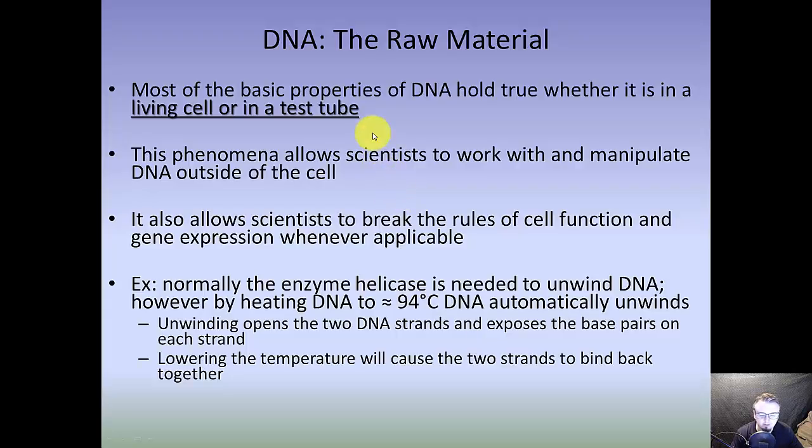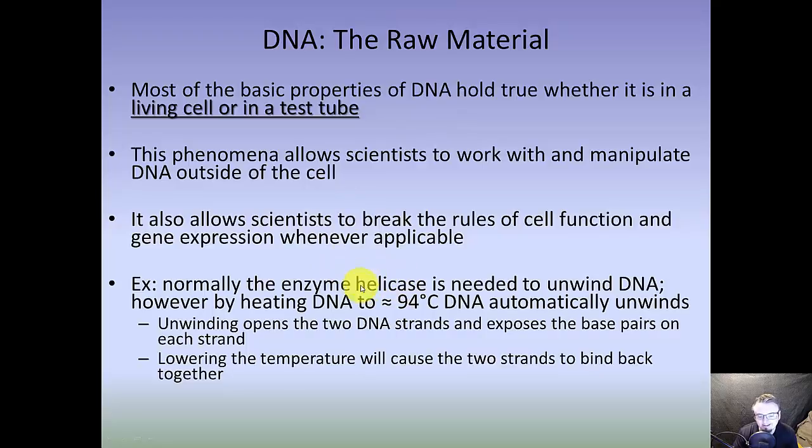One of them is that you can manipulate the DNA in other aspects of the cell outside of the living context, outside of the cell. Like the DNA, for example, can be extracted from the cell and then manipulated in a certain way that allows you to bypass some of the barriers you have within the cell. So, for example, within the cell, DNA typically unwinds through the work of enzymes.